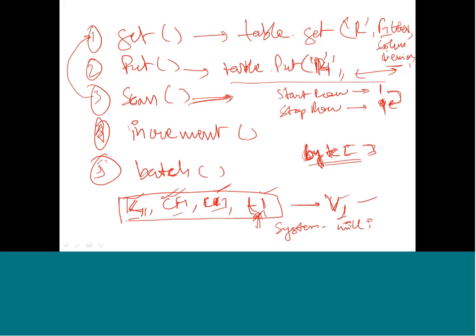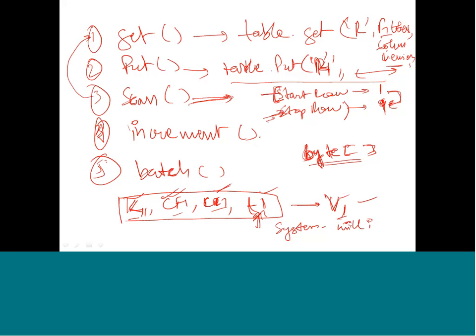If you don't mention start row key, it's going to assume you're going to start from the beginning of the data set. If you do not specify the stop row key, it will assume that you're going to go from the start row key all the way to the end. If you specify start and stop, start is inclusive and stop is not inclusive. The value of the start key is inclusive in your scan. The value of the stop is not inclusive in your scan. So that is scan.